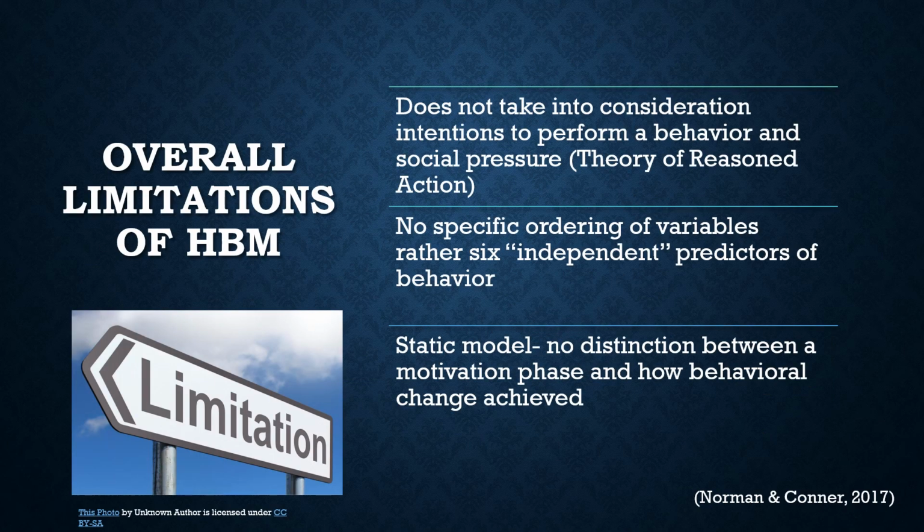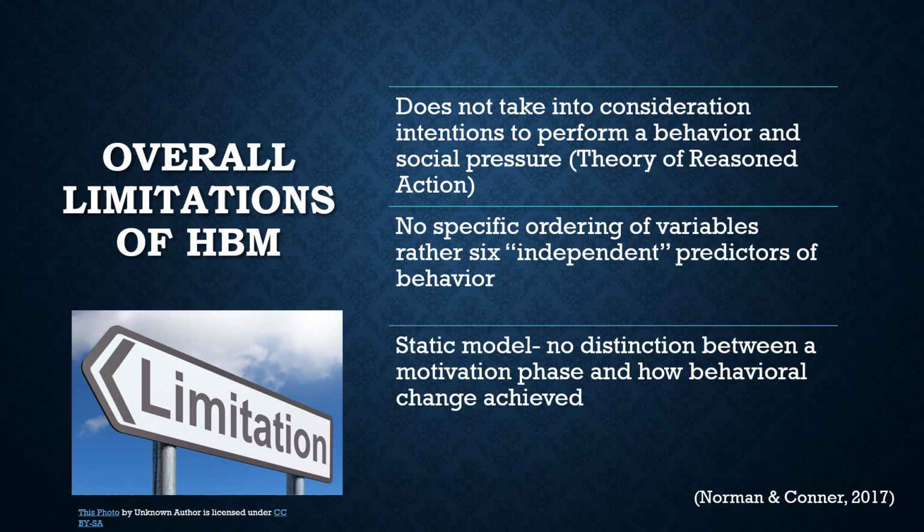By exploring the health belief model, I have noticed some overall limitations of the model itself. For example, it does not take into consideration intentions to perform the behavior and the social pressure that may exist around the behavior, like the theory of reasoned action does. Also, there's no specific ordering of the variables, but rather there are 6 independent predictors of behavior.